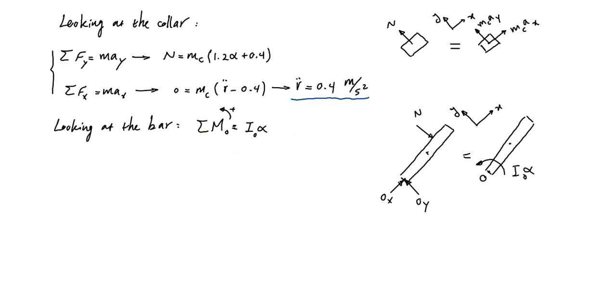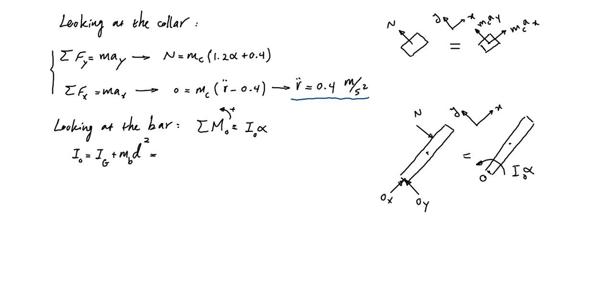Now I have to find, well, it's a slender bar, right? So from before, we know a slender bar's mass moment of inertia is 1/12 ml squared about the center of gravity. I have to find the mass moment of inertia about point O, so I use the parallel axis theorem, right? We said IO, or any axis that we're interested in, as long as that axis is parallel to the axis passing through the center of gravity, and we know the mass moment of inertia about the center of gravity, we can find the mass moment of inertia about that axis, as long as we know the mass and the distance between those two axes.